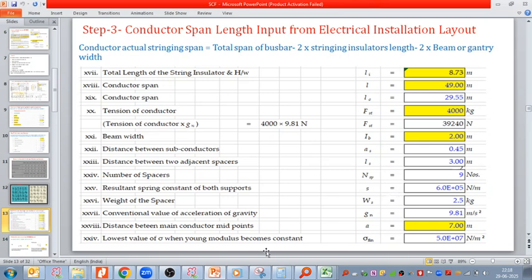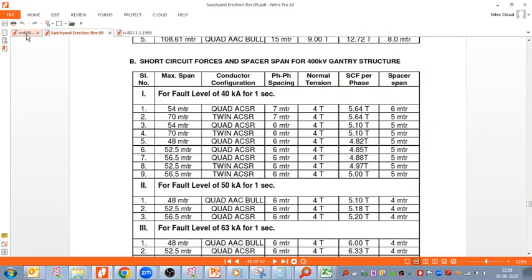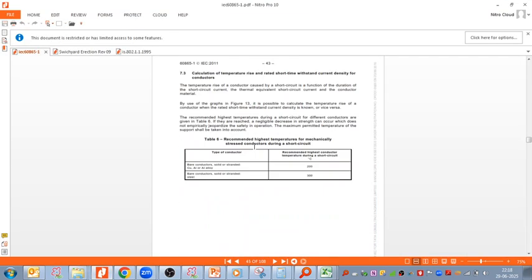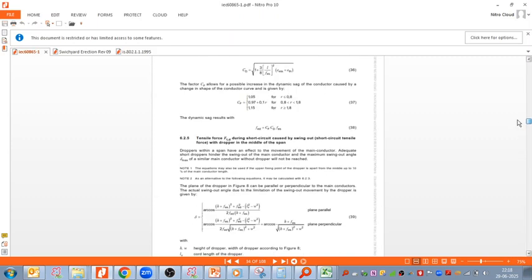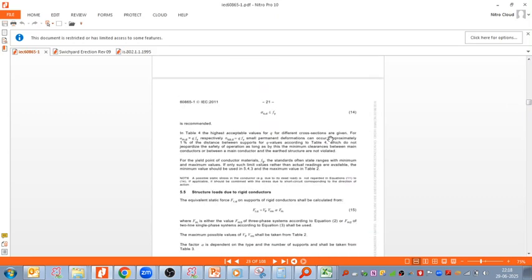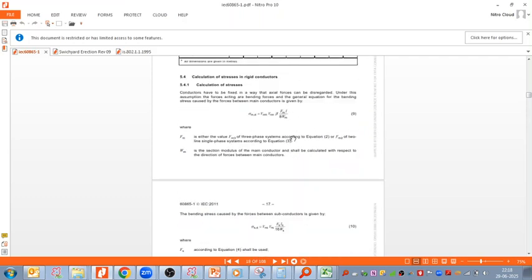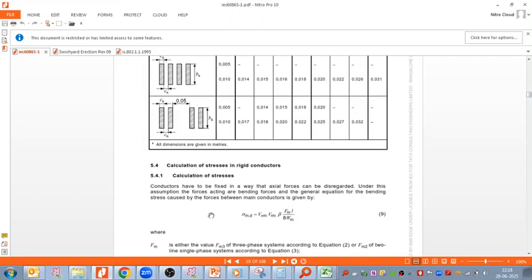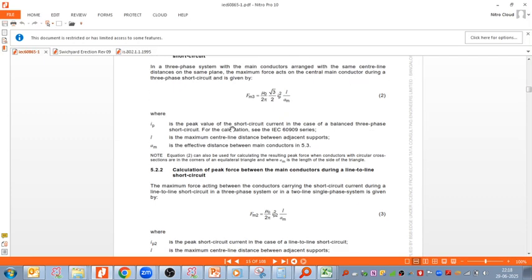Second thing, on their side they are taking this FES formula for reference purposes. FES formula on page 28, and they are using this SCF formula. FES means SAG formula. They use this sag formula in the sag tension calculation Excel sheet.